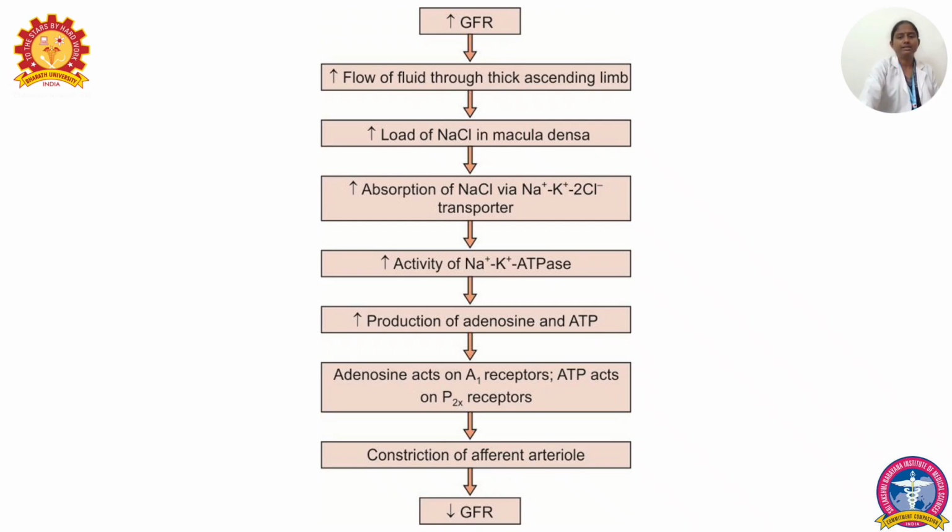So, the macula densa in the juxtaglomerular apparatus will sense the concentration of sodium chloride in the filtrate. So whenever it is increased, what happens? The sodium chloride absorption will be increased, which increases the activity of sodium potassium ATPase. Adenosine and ATP will be produced in excess of the routine, which acts on the receptors and causes constriction of the afferent arterioles, thereby decreasing the GFR in turn.